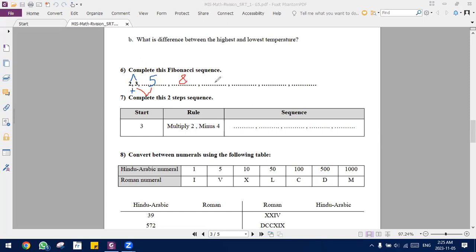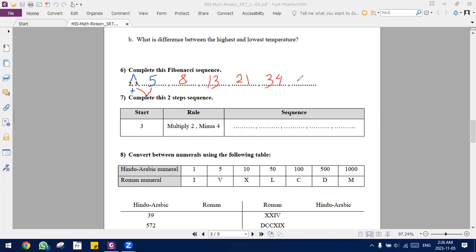Now to find the one next to it, it's not 5 plus 3, it's 8 plus 5. We add the last two values. 8 plus 5 is 13. Now next one, 13 plus 8, 21. Next one, 21 plus 13, 34.